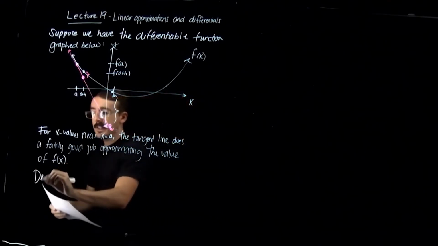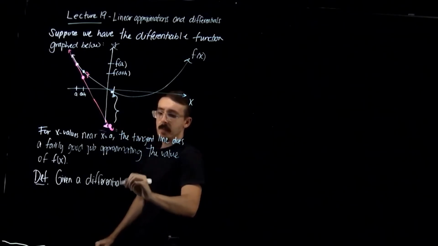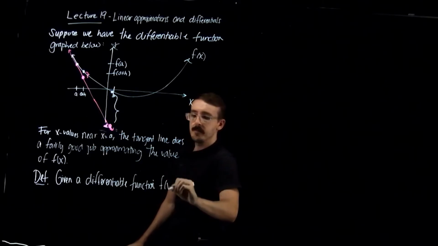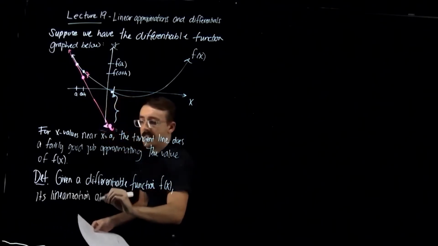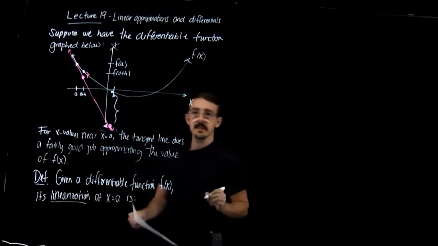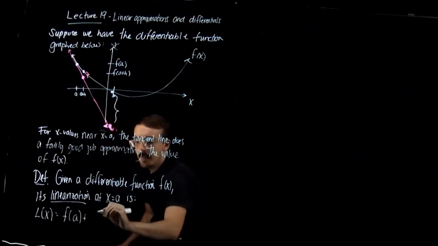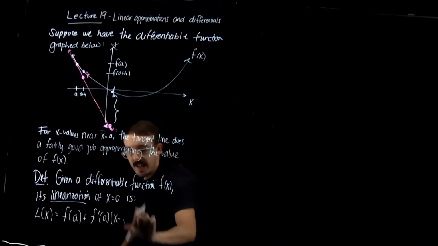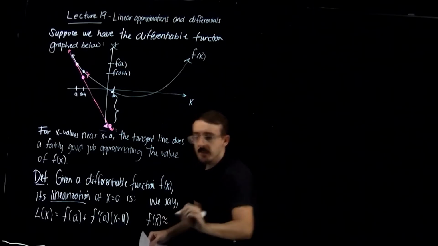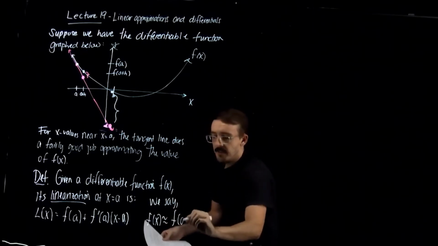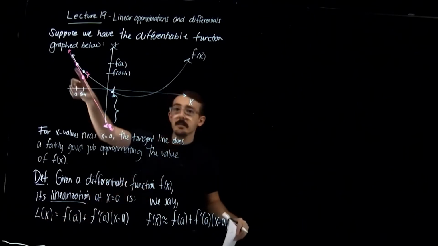Okay, let's look at a definition for this idea. So the definition is, given a differentiable function f of x, its linearization at x equals A is, so linearization is the thing being defined here, we say it is L of x equals f of A plus f prime of A times x minus A. And we say that f of x is approximately f of A plus f prime of A times x minus A. So this linearization, this L of x, is exactly this pink tangent line that I drew.